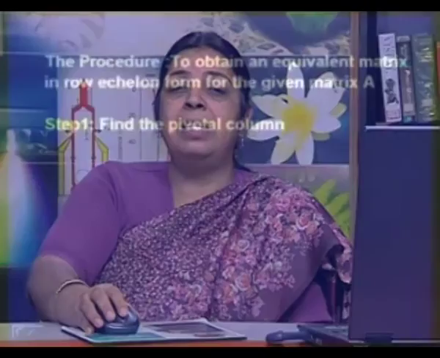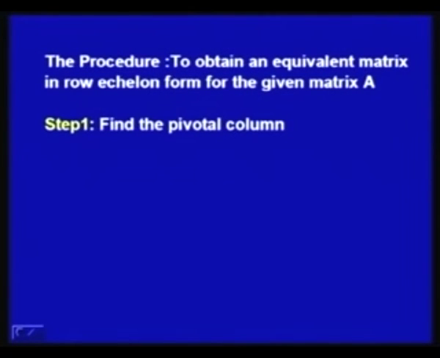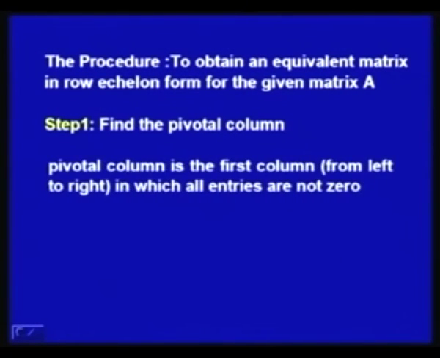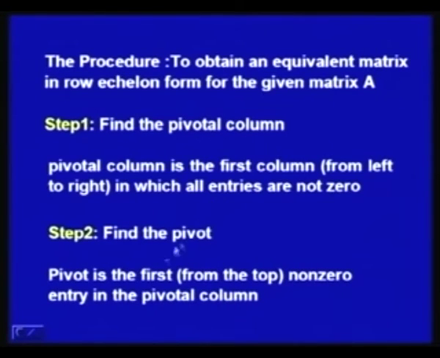Step 1 is to find the pivotal column, that is, the column in which we have a pivotal element. The pivotal column is the first column from left to right in which not all entries are 0. So, first we find the pivotal column in the given matrix, then find its pivot.